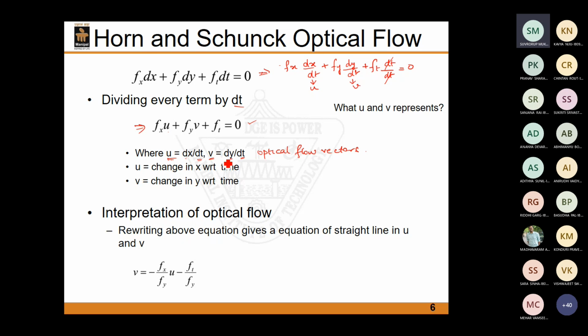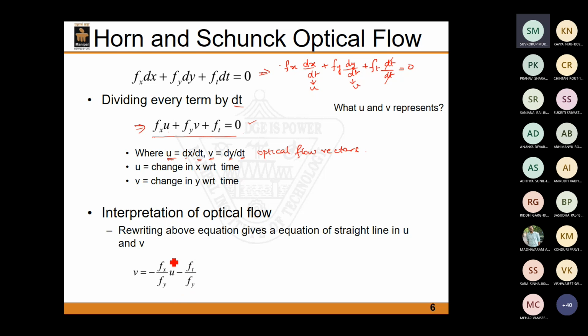Now here, as I said, this is the equation that I obtained after assuming the brightness constancy assumption, right? Now from this equation, just rearranging it, I can write v is equal to minus fx by fy u minus ft by fy.